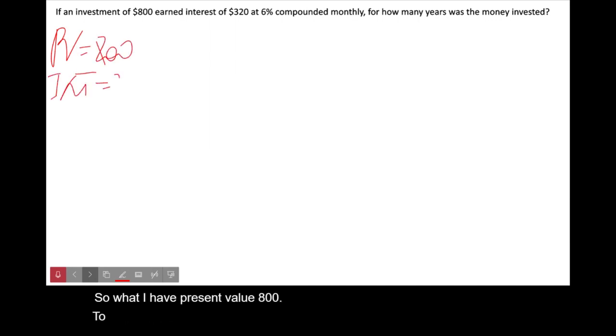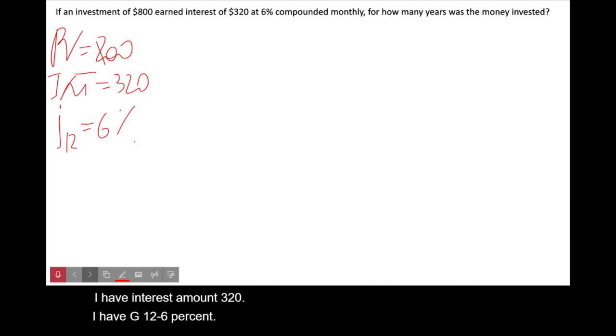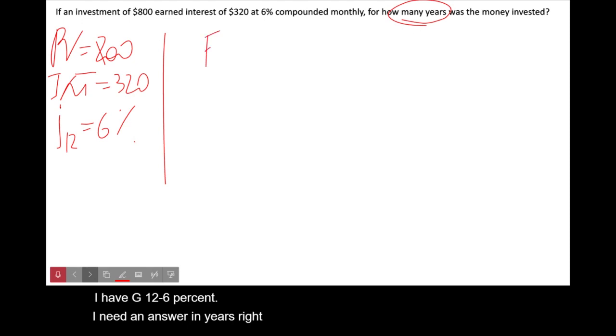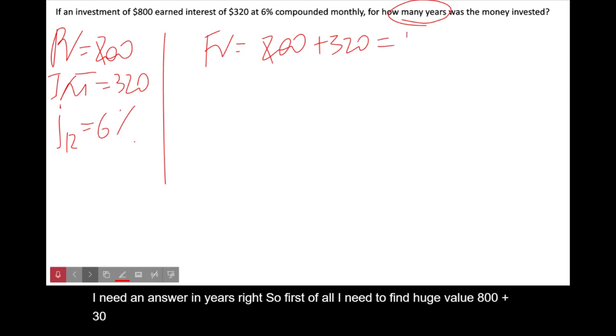So I have present value 800, interest amount 320, and J12 is 6%. I need the answer in years, right? First of all, I need to find future value: 800 plus 320 is 1120.